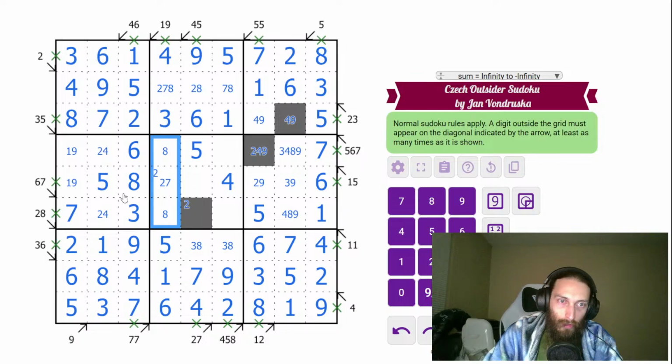And what's left over? 1, 2, 3, 4, 5, 6, 7, 8, 9. Well, the 8, 9 pair.